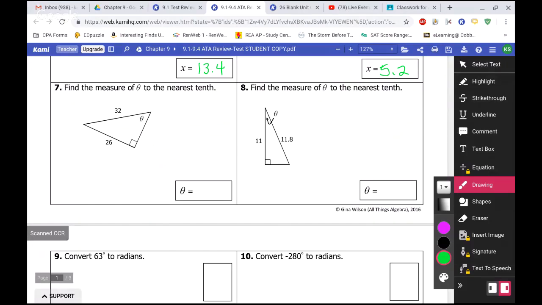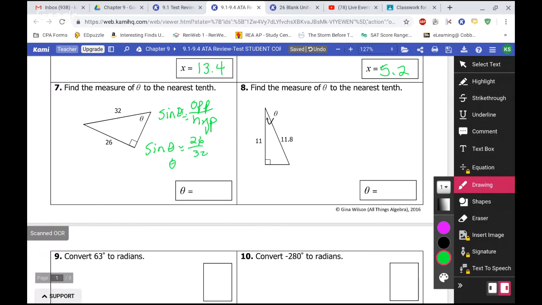All right, so now we're going to find an angle. This is where we're going to have to use that handy dandy little inverse thingamabobby. The side measures that we have are opposite over hypotenuse. Opposite over hypotenuse, so that's sine theta. So that's going to be sine theta equals 26 over 32.